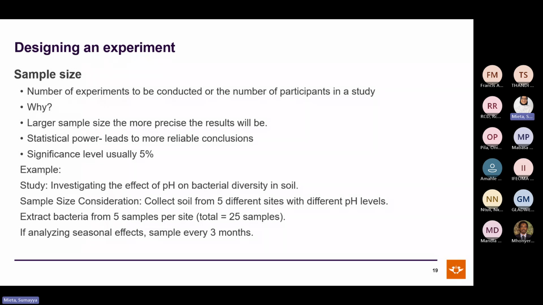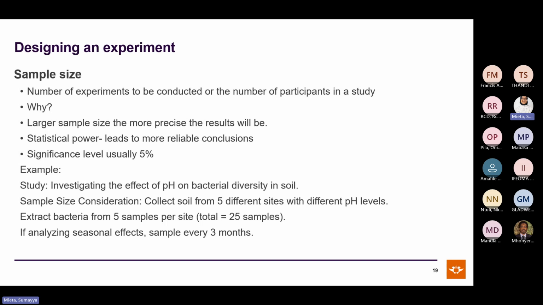And then we can say, okay, we're taking it a step further to increase our sample size to make it more reliable, is that we're not only going to look at a specific season, we're going to sample in all 4 seasons. And that means we will collect a sample every 3 months.